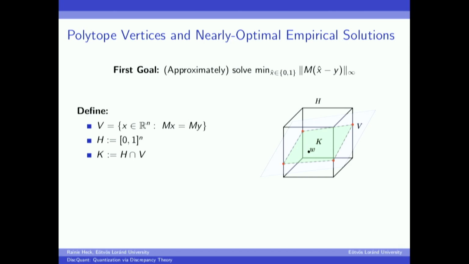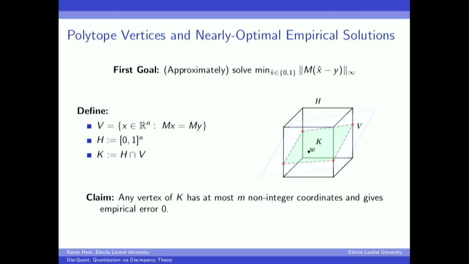And this defines an at most n minus m dimensional polytope. And it's a well-known fact from linear programming, for example, that any vertex of this polytope has at most m non-integer coordinates and will give empirical error 0 because of the definition of the matrix M. And so because m is going to be much, much smaller than n in our applications, we can just round the last few remaining coordinates and not worry about the error that we incur there because it'll be quite small.